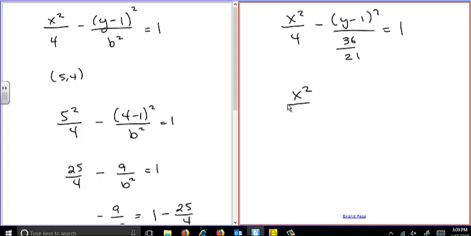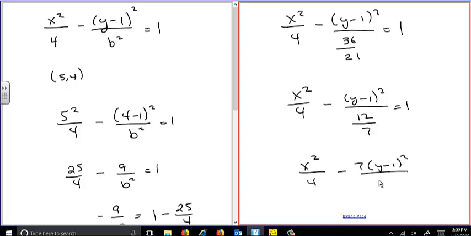I didn't see it initially, but I checked my answer and I'm correct, except both of these are divisible by 3, so that becomes 12 sevenths. The book actually shows this, but I would still stick with that. So they have 7 times y minus 1 squared over 12 equals 1.